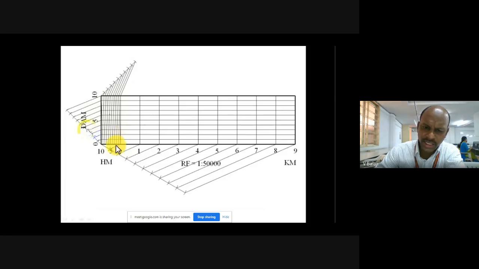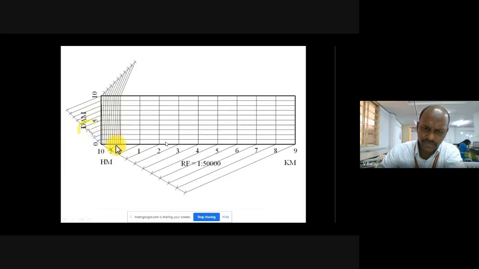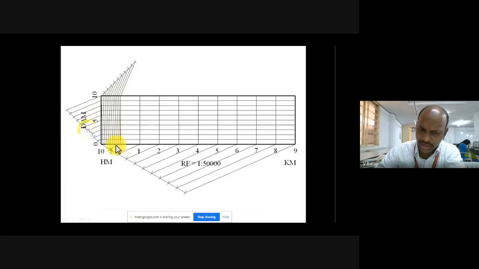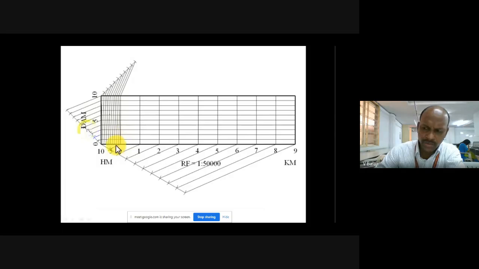Is there any change in calculating representative fraction or length of the scale? Is there any change in the calculations compared to the plane scale and diagonal scale? No, very good. There is absolutely no difference. If it is a volume problem, you need to take RF cubic root. If it's an area problem, take square root. If it's simply a length problem, you take simply drawing size by actual size without any square root or cubic root.